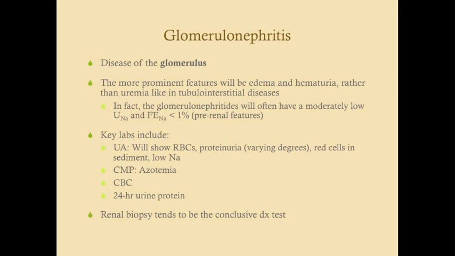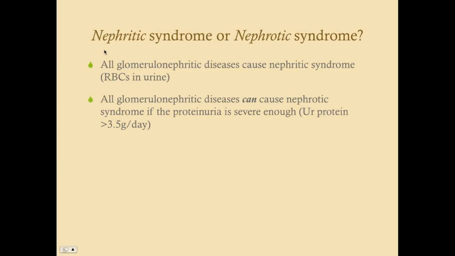We need to think of all the syndromes that cause glomerulonephritis as distinct processes, but they all lead to a similar problem, which is what we have here in our urinalysis: red blood cells, red cell casts, and proteinuria. So what's the difference between nephritic syndrome and nephrotic syndrome? Don't think of it as some diseases cause nephritic syndrome and some diseases cause nephrotic syndrome.